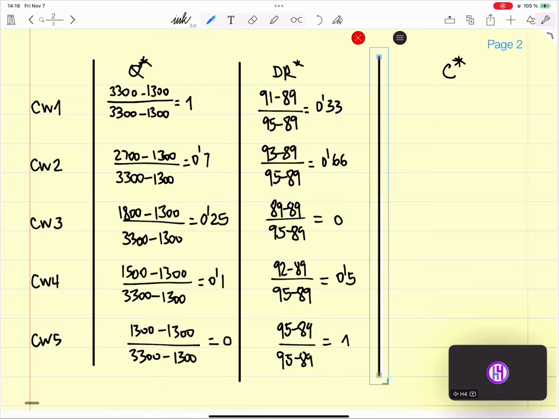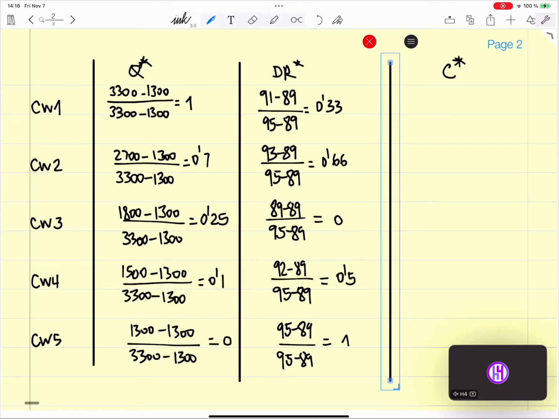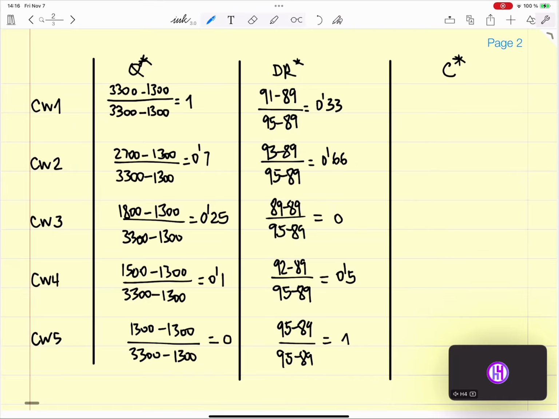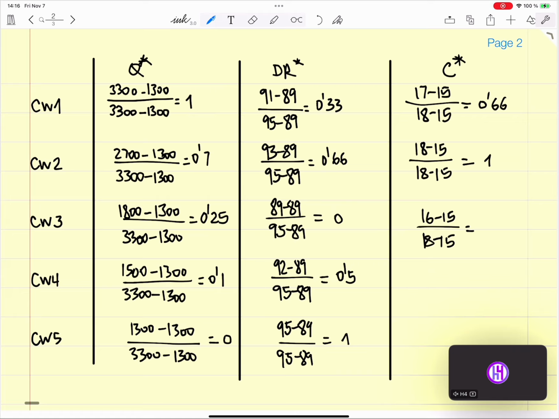And then the last, 17 minus 15 divided by 18 minus 15 equals 0.66. 18 minus 15 divided by 18 minus 15, this yields 1. 16 minus 15 divided by 18 minus 15, this yields 0.33.